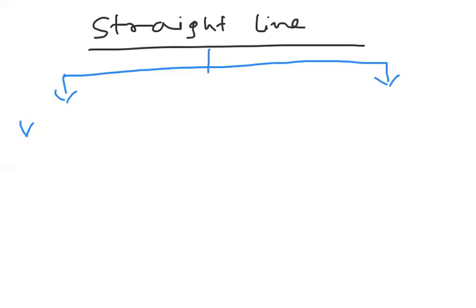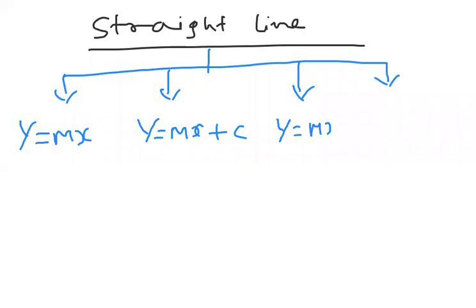One is y equal to mx. Again, y equal to mx plus c. Another, y equal to mx minus c. And the last one, y equal to minus mx plus c.